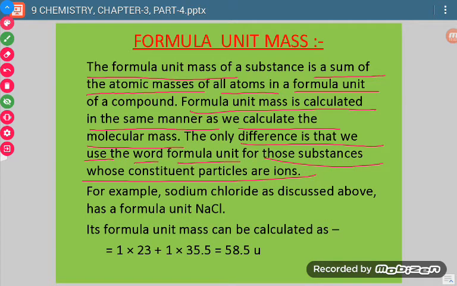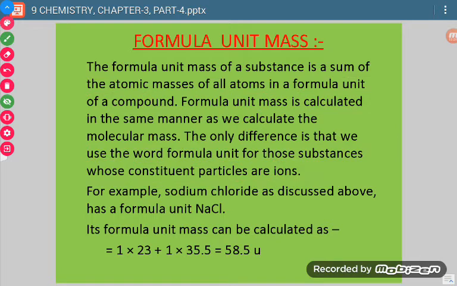Now see, just like in our last video, where we said how we can frame the formula of a compound in which there are ions. So NaCl is the compound which is made up by the combination of ions.